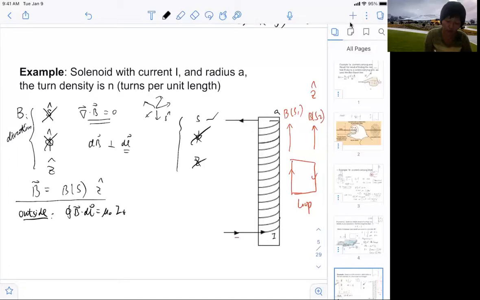So again, I'm going to use Ampere's law for a loop that I draw outside. You can see that if this is L, and this is L, I'm going to do the line integral. The line integral here is B at S1 times L. The line integral here is negative because my loop goes down, but my B is still up. So negative B at another location times the same length L. And is there any current through this loop outside?